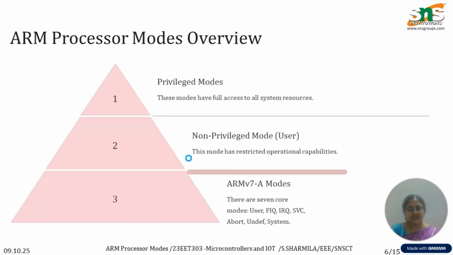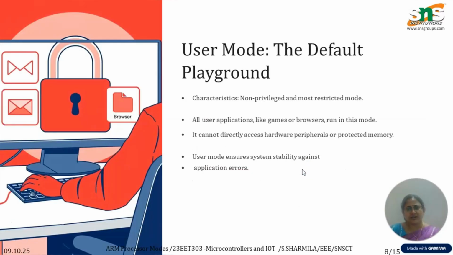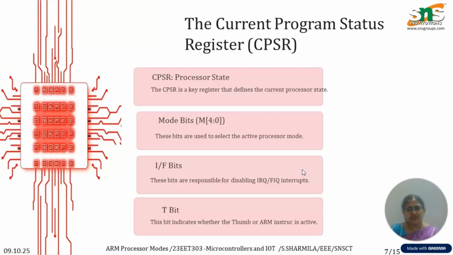So now let's see the CPSR, the current program status register. We know that the key to controlling and identifying the current mode is the CPSR. This special register holds the processor's state.